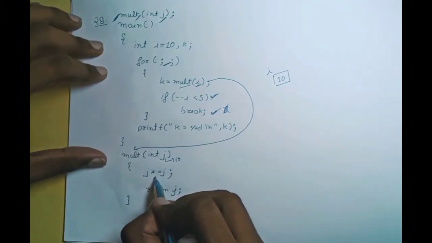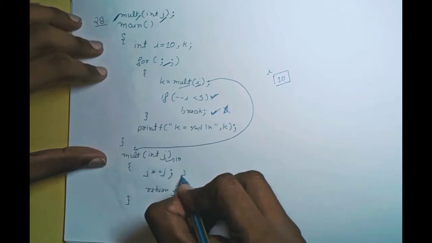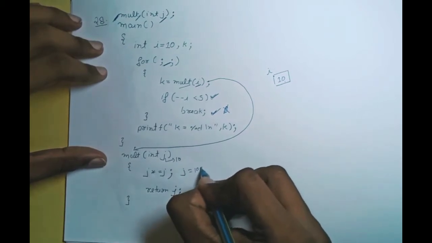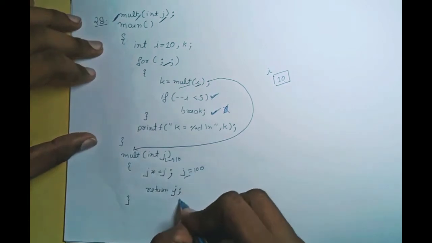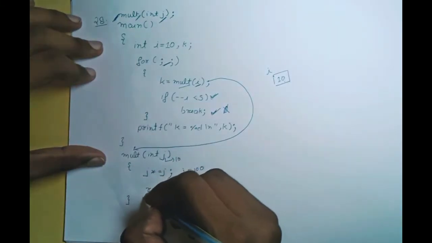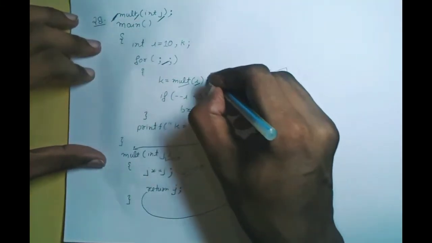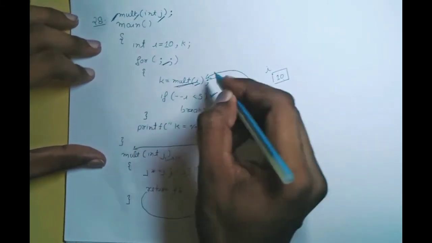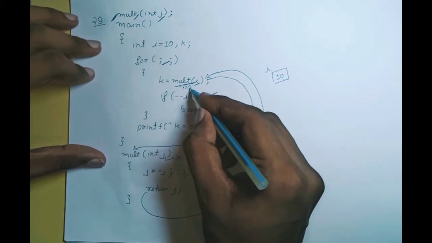We are multiplying j by j, which means the value of j is now 100. Now we return the value of j, and the control comes back, and the function call is replaced by the value 100, so the value of k is now 100.